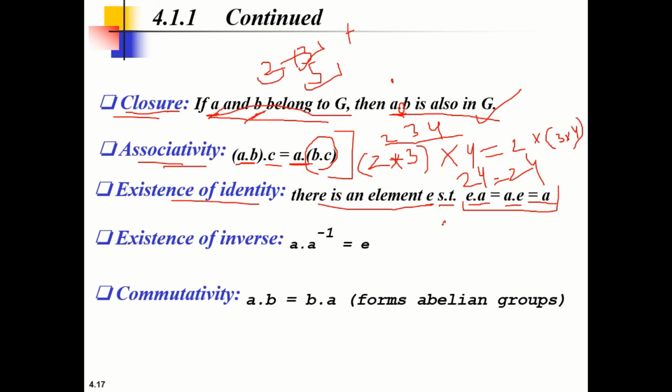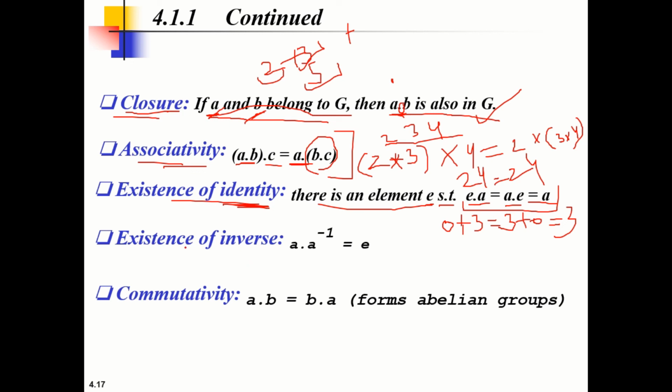When we add 0 to any given number. Say the given number is 3, the value of A is 3. So 0 plus 3 and 3 plus 0 will be equal to 3 only. So this is the property of existence of identity.